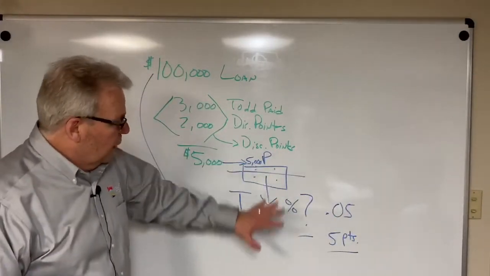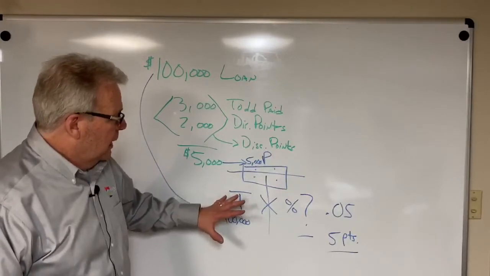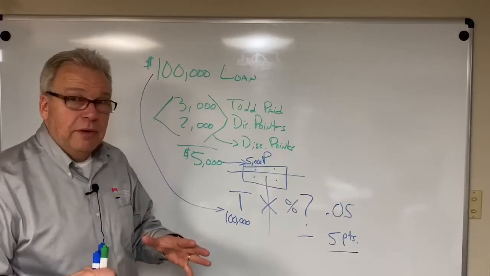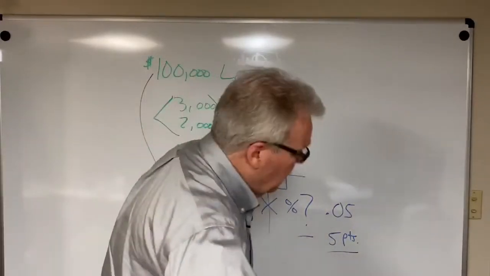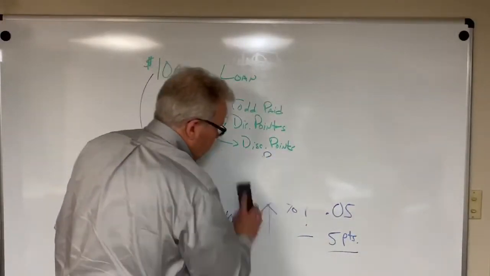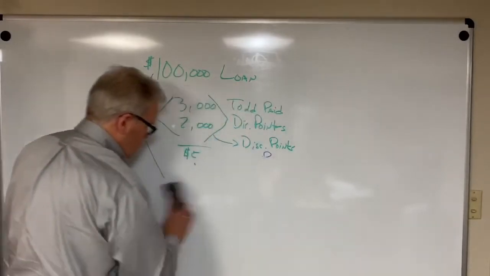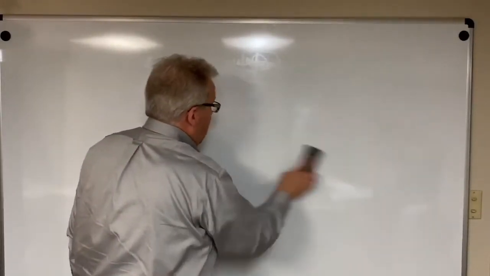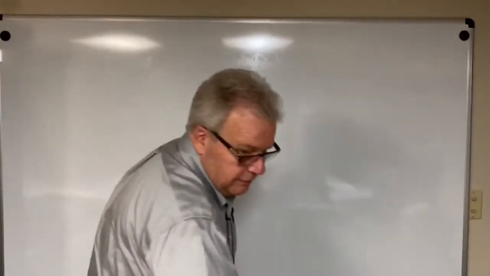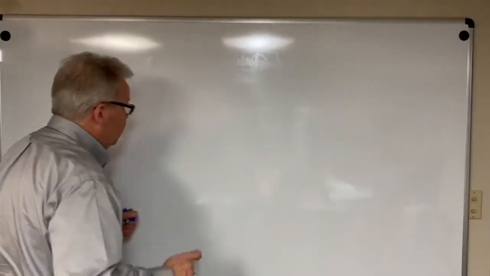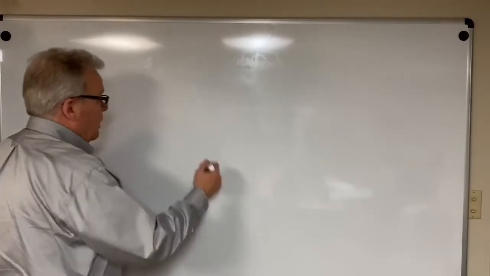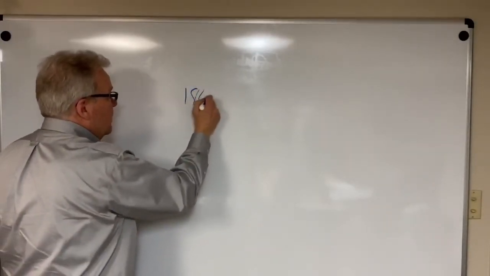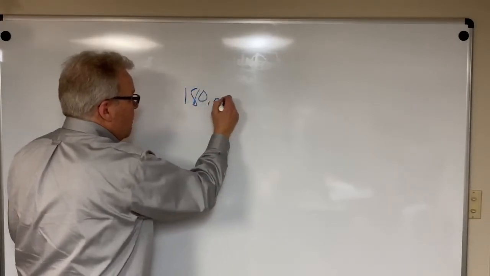So you could see a question reworded that way and just think it through. The classic way they like to ask these problems on the exam, they love to do it this way. They love to say, Mary bought a home for $180,000.